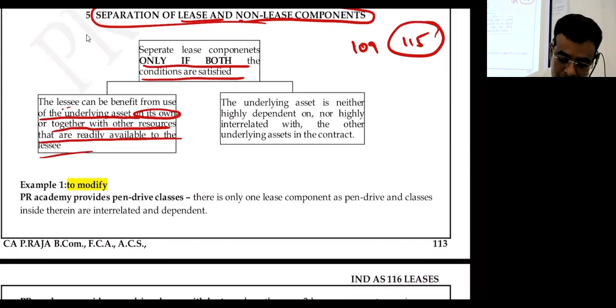Distinct goods or services, but the same definition. The lessee can benefit from the use of the underlying asset on its own: I can use that asset separately, or together with other readily available resources.